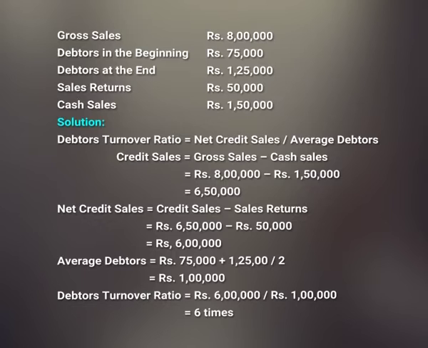Now, credit sales of rupees 6,50,000 minus rupees 50,000 gives us rupees 6 lakhs. Thus, average debtors is equal to rupees 75,000 plus 1,25,000 divided by 2, which is equal to rupees 1 lakh. So, the debtors turnover ratio is equal to rupees 6 lakhs divided by rupees 1 lakh, and hence the debtors turnover ratio is equal to 6 times.